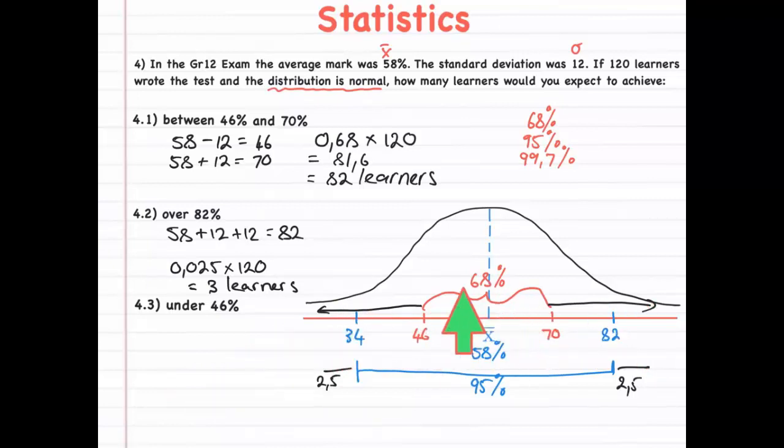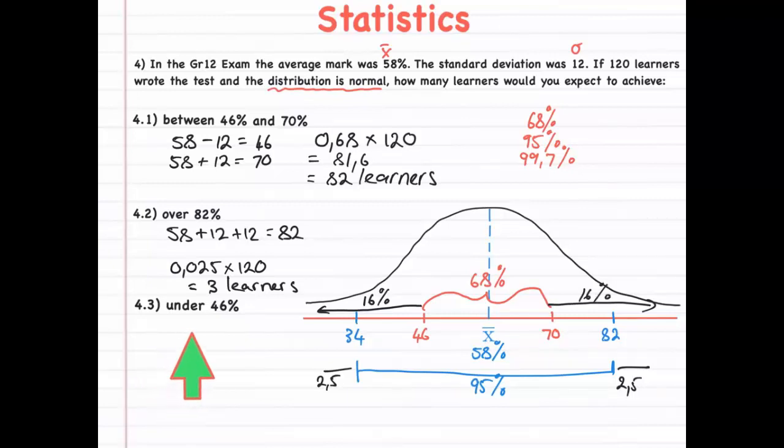So if 68% of the students' marks fall within 46 to 70, that means 32% fall on the outside. So that means that 16% will be here and 16% will be on the outside, right?